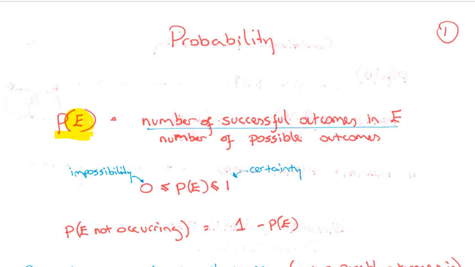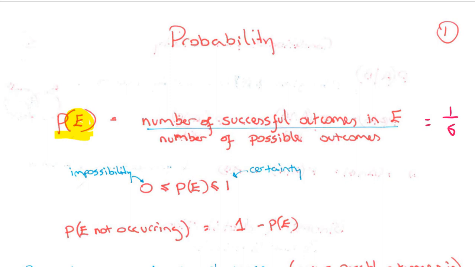So, for example, let's say you're rolling a die and you wanted to find out what would be the probability of rolling a 3. Well, the number of successful outcomes there is just 1 because there's only one 3 on the die. Now, the number of possible outcomes is 6. So the probability of rolling a 3 is going to be 1 over 6, 1/6.